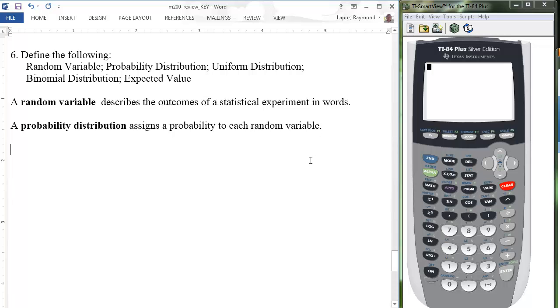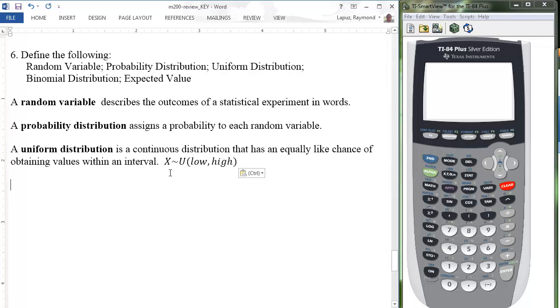It's asking us now to give a definition for the uniform distribution. The uniform distribution is our first example of what they call a continuous probability distribution. A uniform distribution is a continuous distribution that has an equally likely chance of obtaining values within an interval.